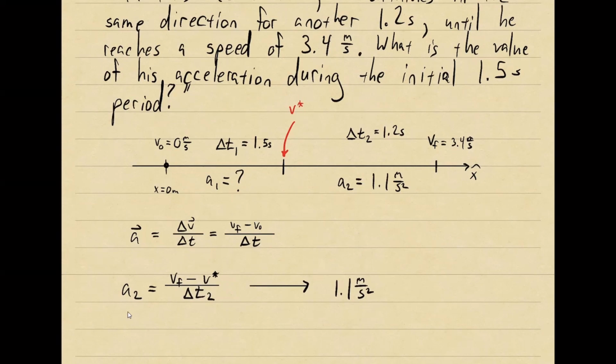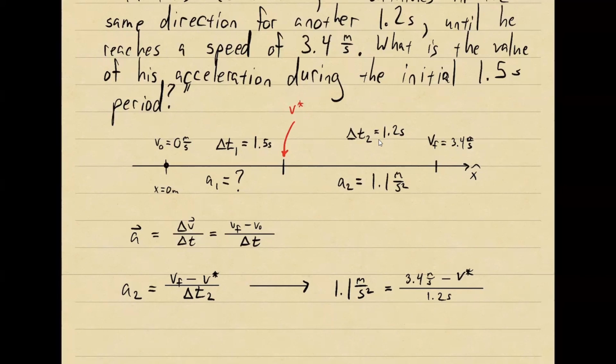So the left-hand side is 1.1 meters per second squared, and the right-hand side is equal to the final velocity, which was 3.4 meters per second, minus the initial velocity, which we don't know, call that v star. And that's all divided by the elapsed time. For the second half of this problem, delta t2 is 1.2 seconds.